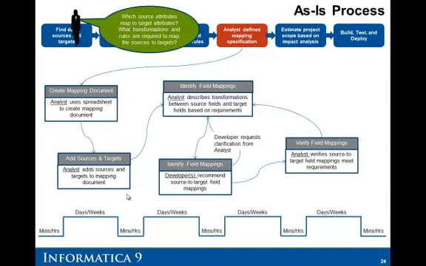And so they'll describe the transformations between the source and target based on the requirements. Then the analyst would typically email this to the developer or upload it to some central content management repository.